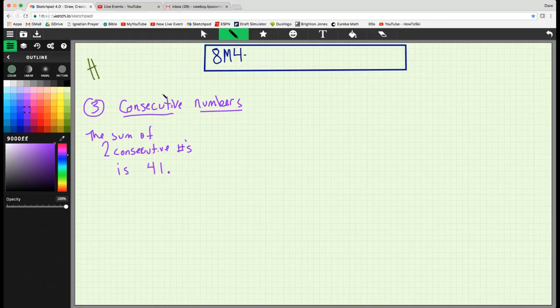Now, the way that you can identify consecutive numbers is with a variable, because we don't know what either one of the numbers is. So let's say that x is equal to the first number. So the question is, what is the second number? Let's make a chart.